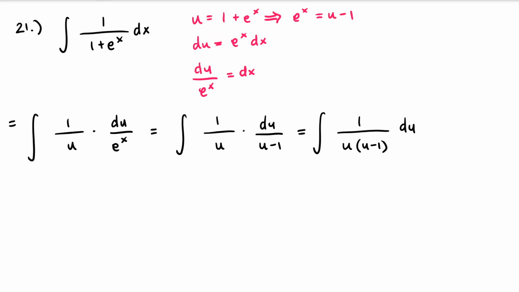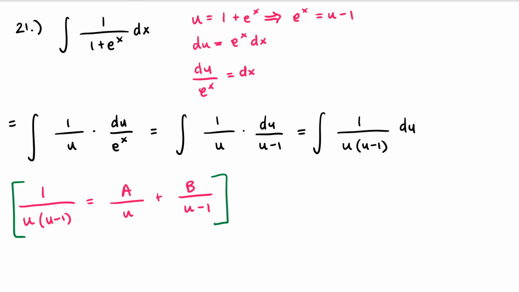So from here, you look at this and hopefully you recognize that we want to use partial fraction decomposition. So I have 1 over u times u minus 1, and I want to rewrite this as capital A over u plus capital B over u minus 1. And I'm going to clear fractions by multiplying by the least common multiple of all of my denominators.